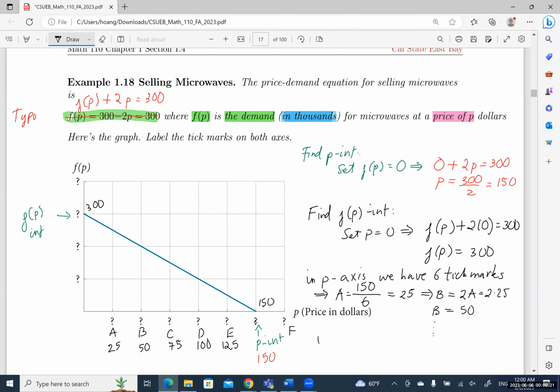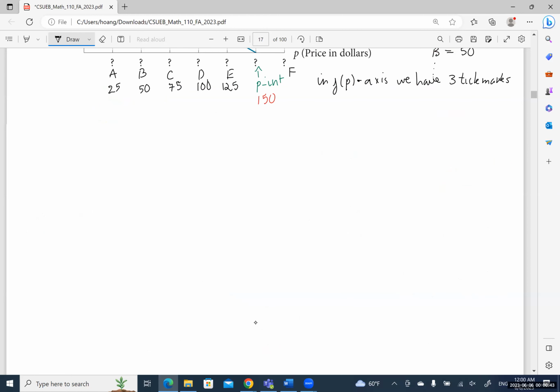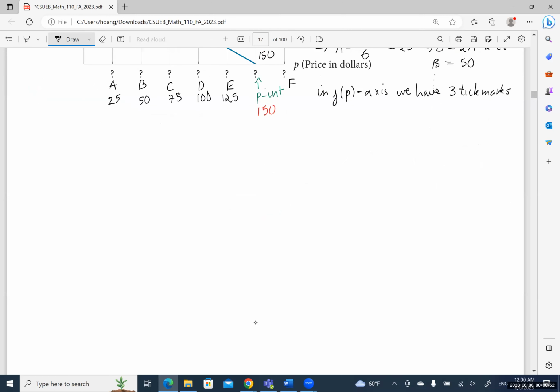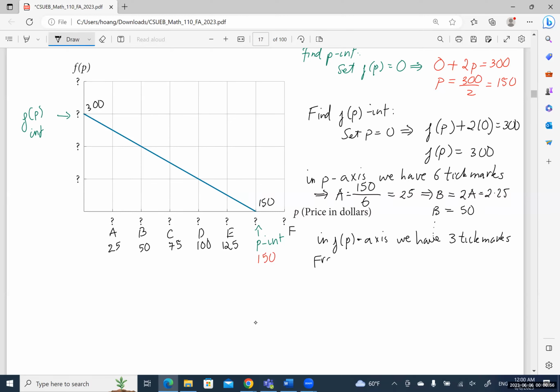So in the f(p) axis, we have 3 tick marks from the origin to the f(p)-intercept. So let's say M here, N here, O here.